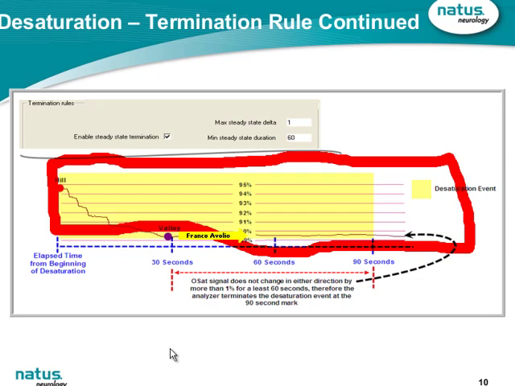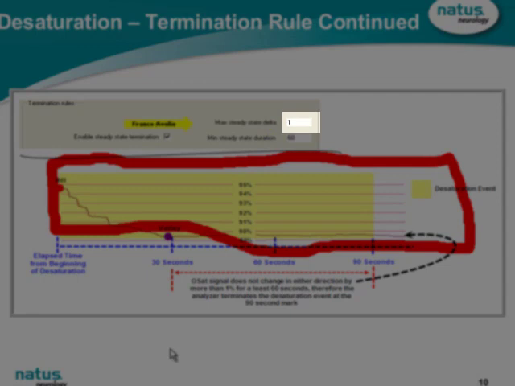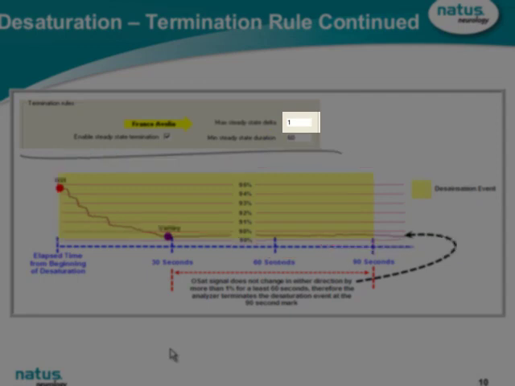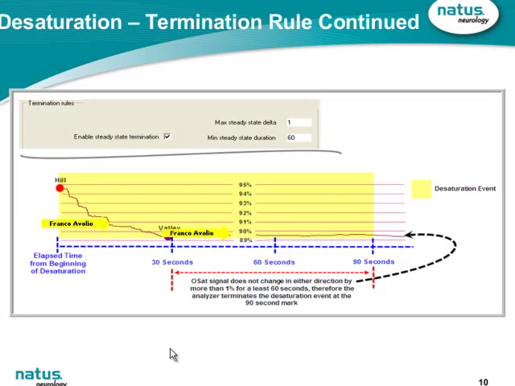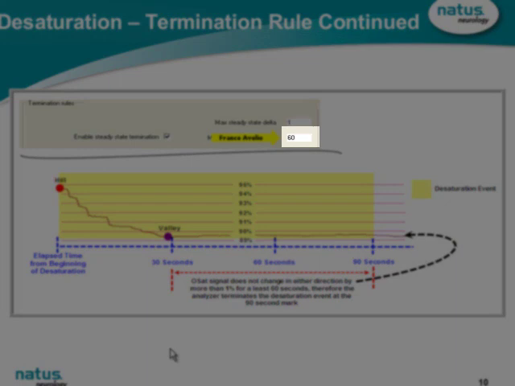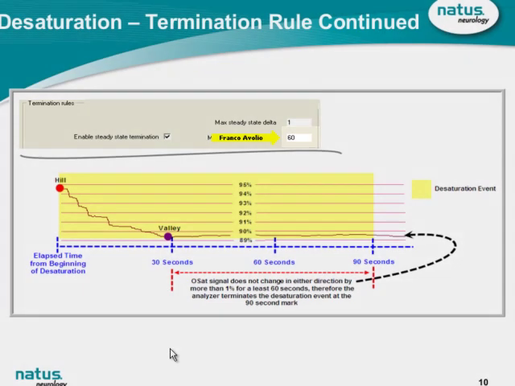Here we're saying if the OSAT signal does not change in either direction by more than 1%, which is this value here, then, here's our signal. Let me delete the red mark here. Our signal drops and continues hovering about 89 to 90%. If it doesn't change up or down by at least 1% for at least 60 seconds, then you can terminate the event after that steady state.